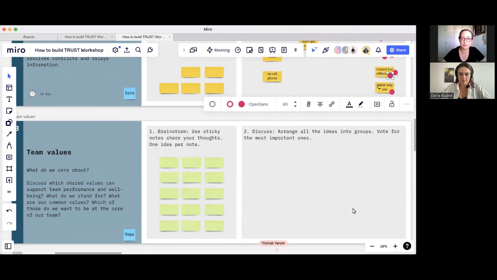Also something that I heard is equal communication between every team member, and also with the manager.